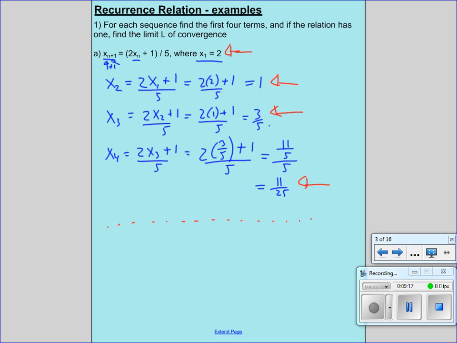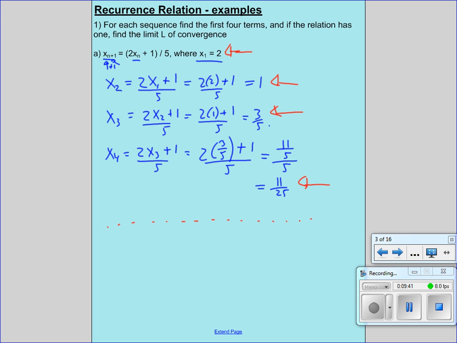So let's say the millionth term is going to come out as a number the same as the millionth and first term, okay? Because each time we go on, the difference between the numbers will get so small that you'll basically be producing the same number, infinitesimally close.